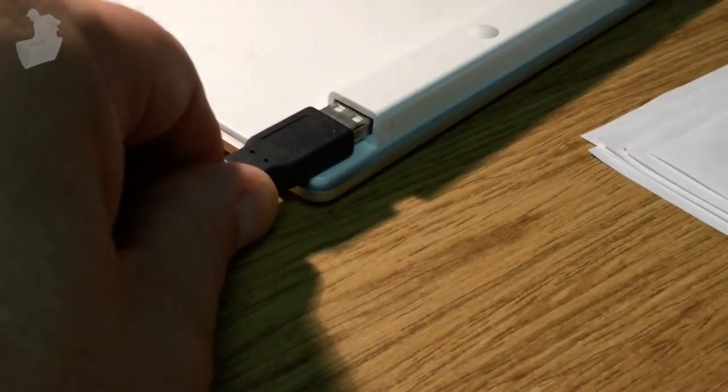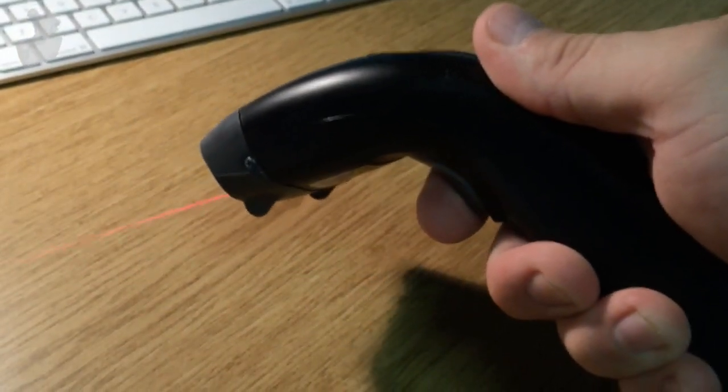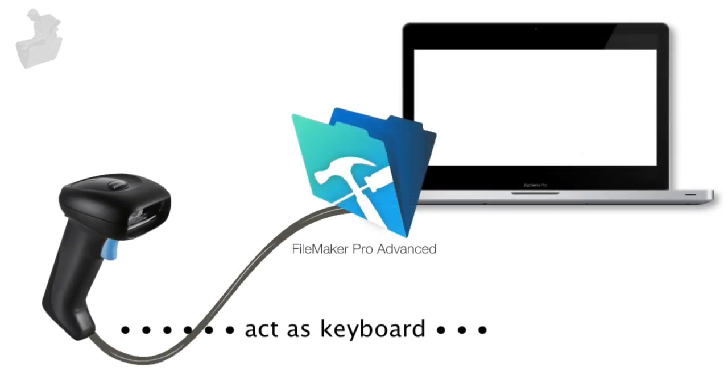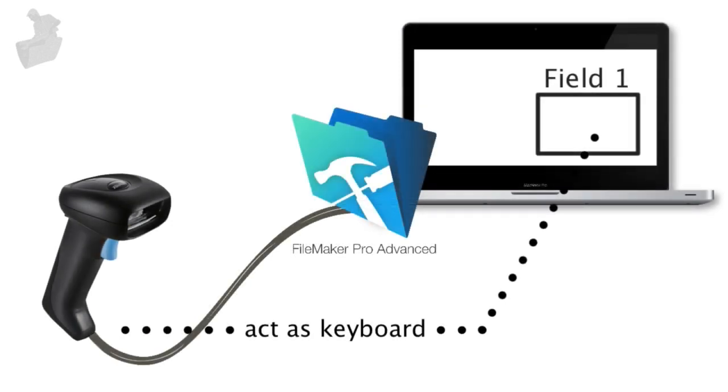All you have to do is plug this device into a USB port and then when you activate the laser reader, that laser reader is going to act like a keyboard and simply type in the information it sees straight into the computer. All you have to do is make sure that your cursor is in a field in FileMaker ready to receive that information. It's really simple and really slick.